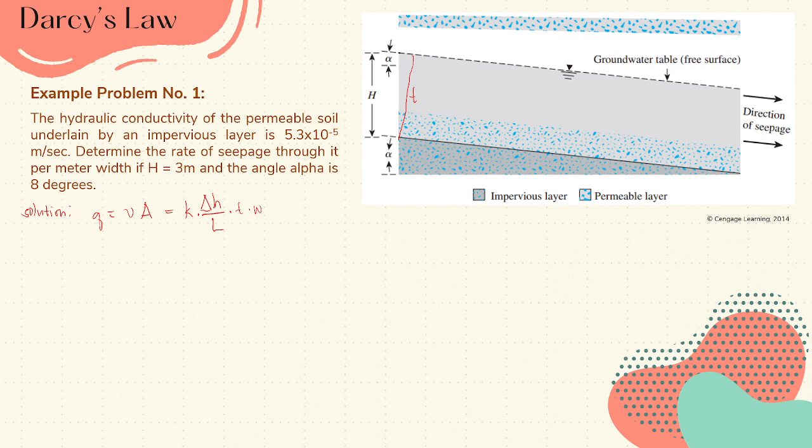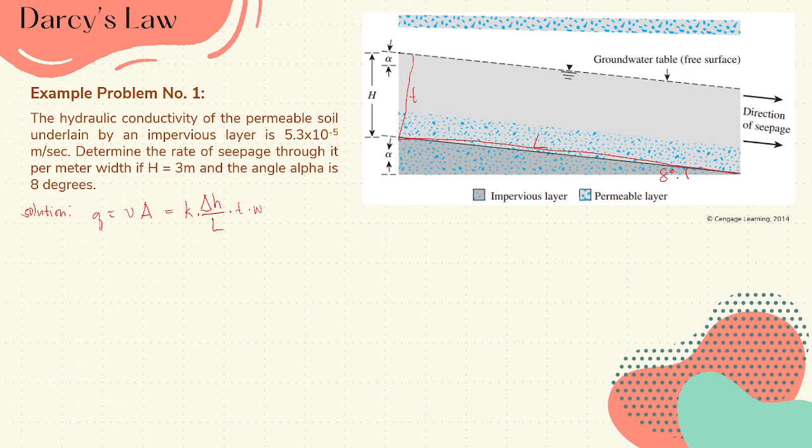So for our delta H over L, because this is our L, always note that L is parallel to the direction of flow and this angle here is 8 degrees.